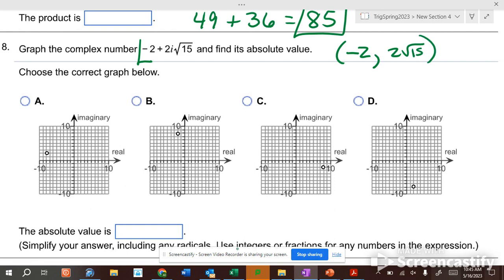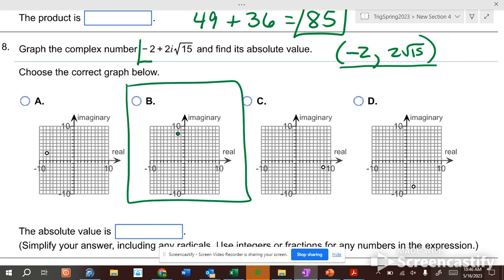Square root of 15 is really close to 4, because square root of 16 is 4. So this is like 2 times 4, which is 8. So which graph has a point which is like negative 2, 8? B, because the point is right here.